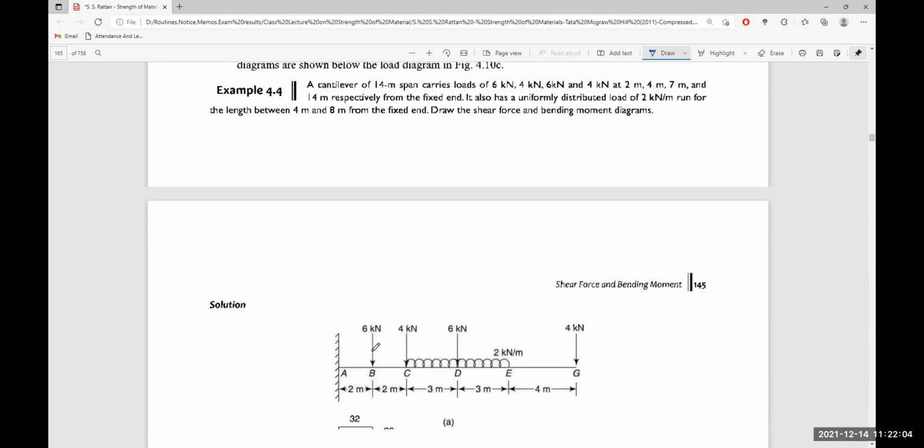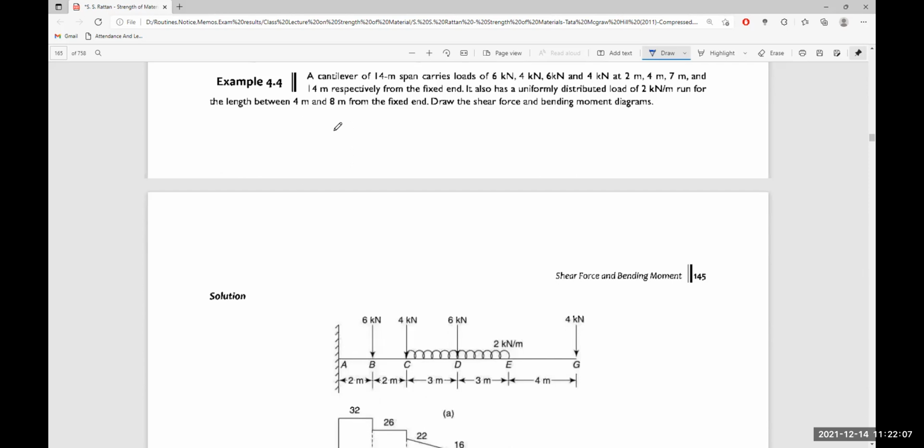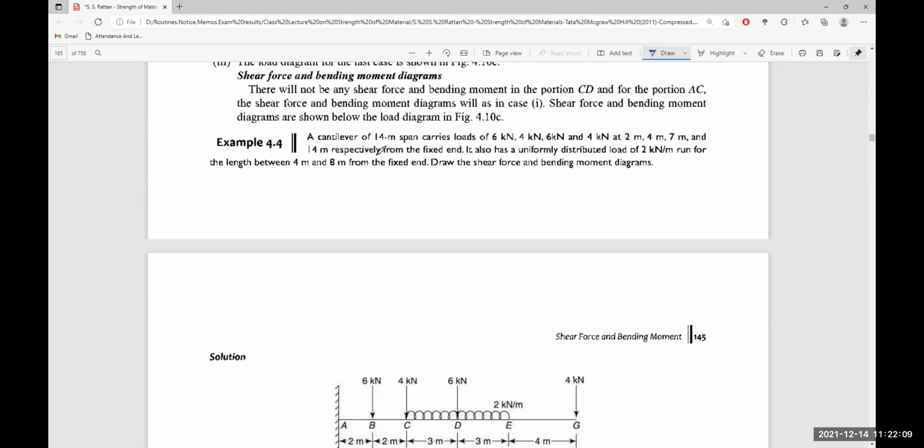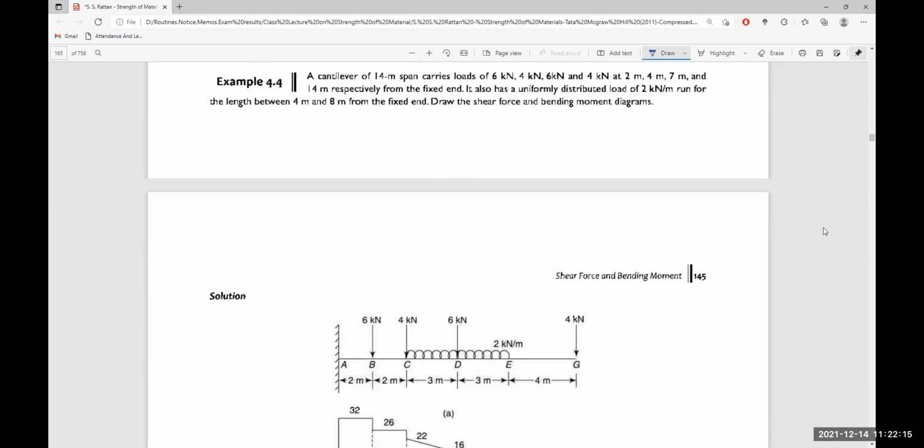Next comes another problem. A cantilever of 14 meter span carries 6 kilonewton at the point B, 4 at the point C, 6 at the point D and 4 at the point E, at distances from the fixed end as shown.